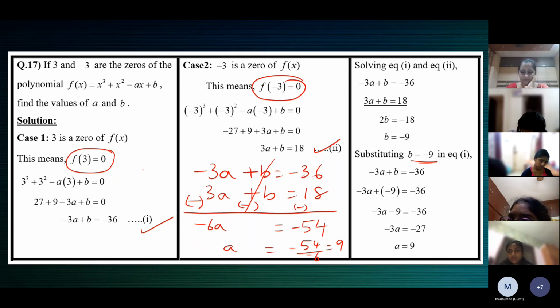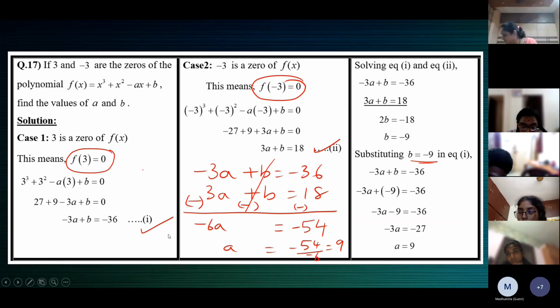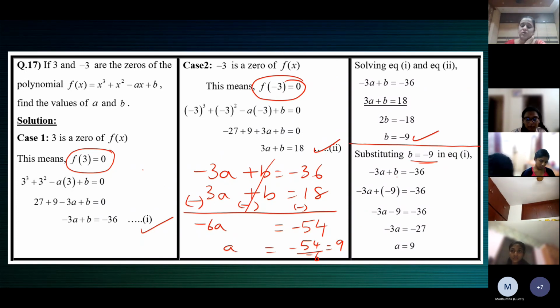Substituting b equals to minus 9 in equation 1. That whole step I couldn't understand, ma'am. Devadarshini, is it? Yes, ma'am. Yes, I'll tell. You're sure you understood till here, Devadarshini? Yes, ma'am. Okay.